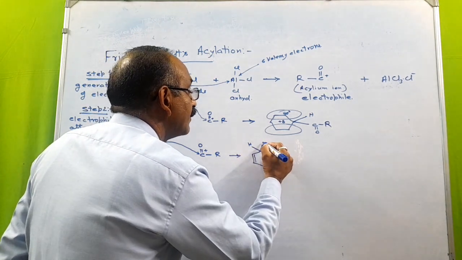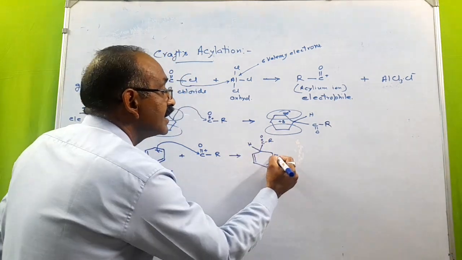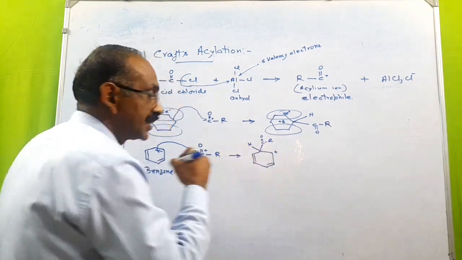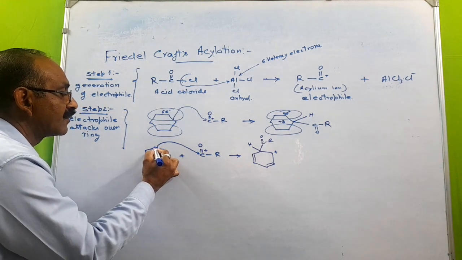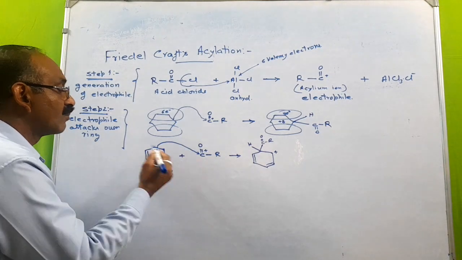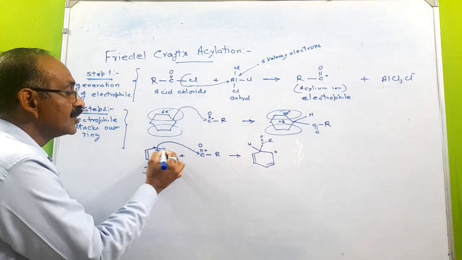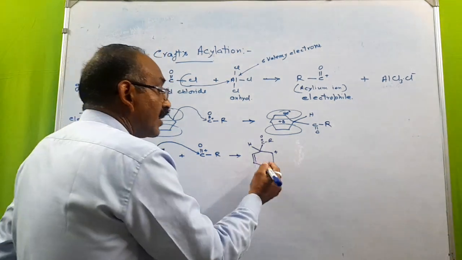One of the carbons will form a bond with the electrophile. The adjacent carbon will become electron deficient, because in this bond 1 electron is of this carbon, and the other of this. As both the electrons have formed a bond with one carbon, another carbon will become electron deficient.